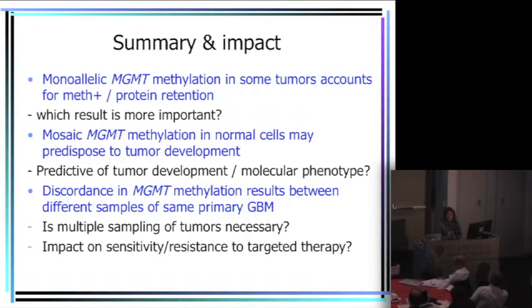But in this case, we believe it predisposes to the tumor development, and it certainly is predictive of tumor phenotype. We've also found discordance in MGMT methylation results between different samples of the same primary glioblastoma. So is multiple sampling of tumors necessary, and does this impact on sensitivity or resistance to targeted therapy?